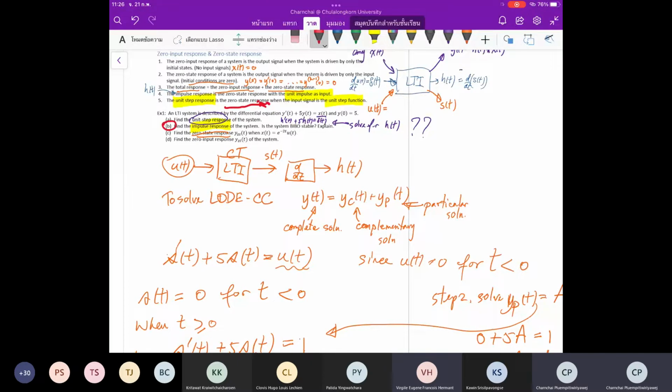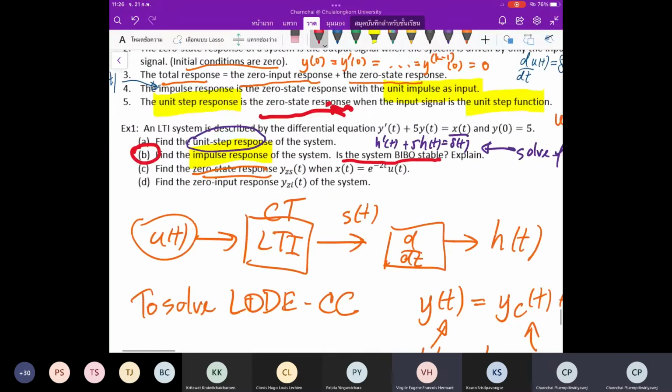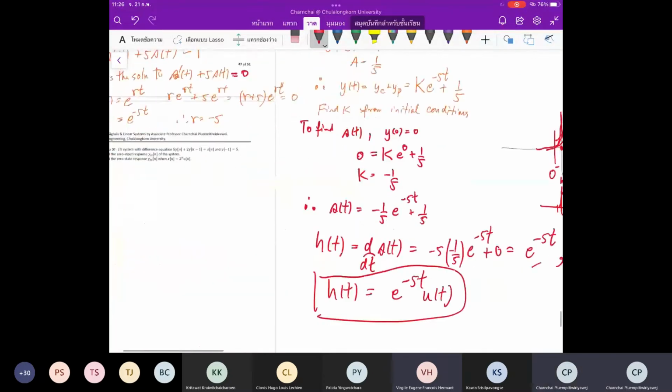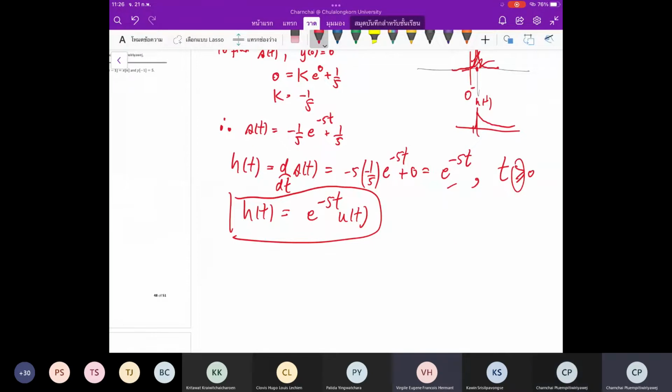The question is, is the system BIBO stable? How do you know if it's BIBO stable? We see if it's absolutely integrable.